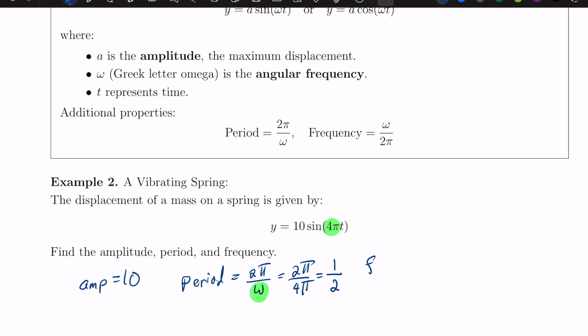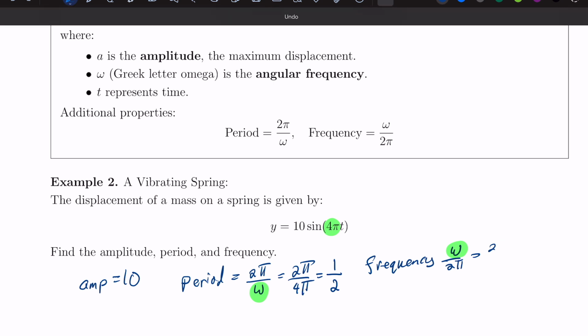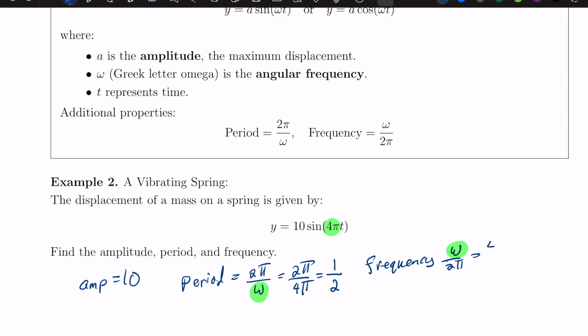Here, we'll talk about our frequency. And our frequency here is omega divided by 2 pi. Again, our omega is in the same spot as k, and it basically is k. You can use them interchangeably. And so here we'll get 4 pi over 2 pi, and you get 2.